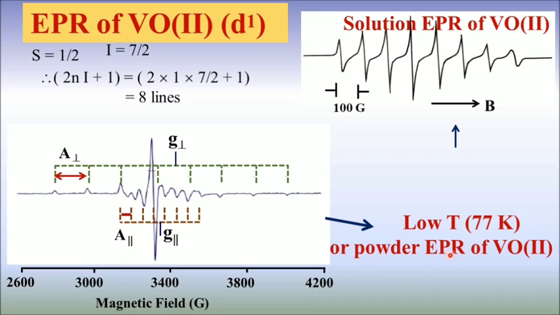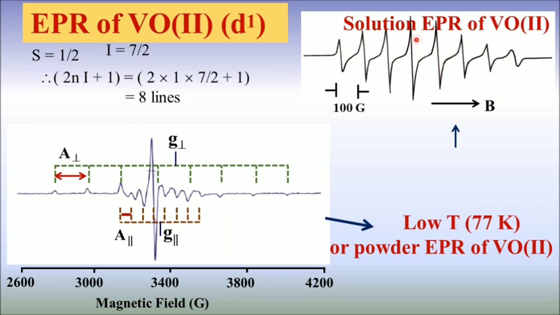For powder, low temperature EPR, all the orientations are possible. So you will get the magnetic field perpendicular to the tetragonal elongation axis, or the x-axis, y-axis perpendicular. So you will get g parallel, g perpendicular.